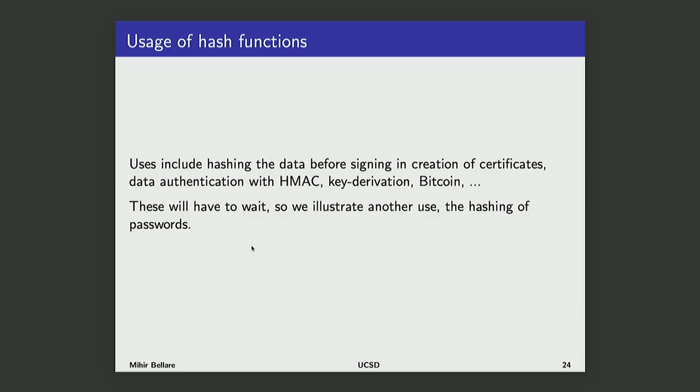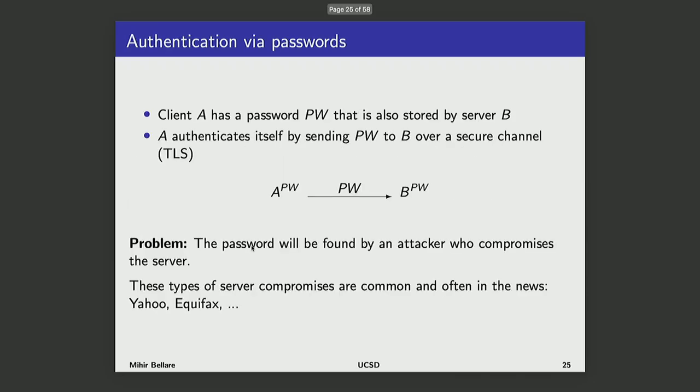So in order to have something concrete, I thought I could illustrate an application to passwords. This is also actually a pretty big use case. Namely, we all have passwords, and if you know how it works, when, say, you log into Google or any of these services, you will have created a password with them, and then you will flow that password to them to authenticate yourself.